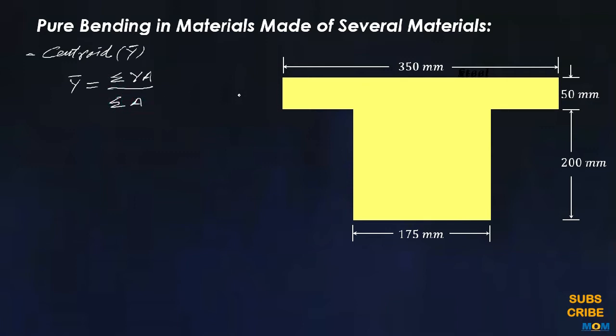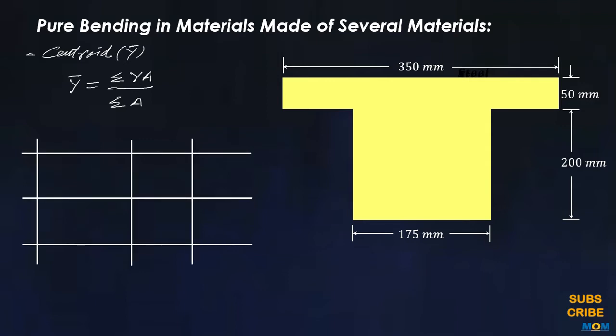To do that, we have to make a table. Let's say this column is the area, which is in millimeter square. This is the individual centroid of each rectangle, in millimeter, and this is the product of individual centroid and the area.